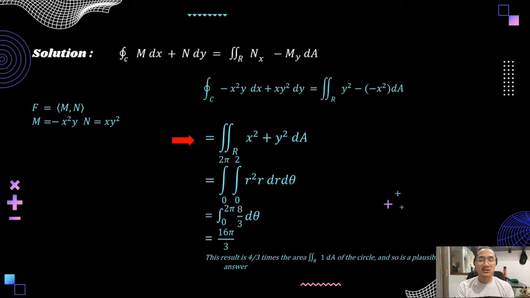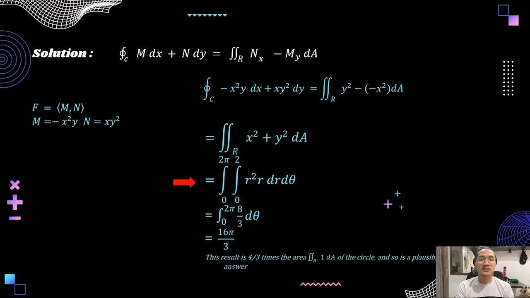Our dA is represented in polar coordinates. So we substitute x with r cos theta and y with r sin theta. Then we get r squared cos squared theta plus r squared sin squared theta, so we get r squared times r dr d theta.